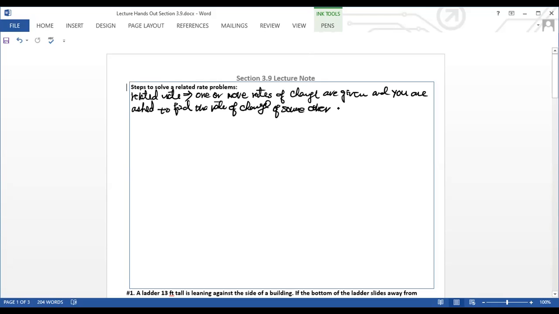Of course, they have to be related quantities here.